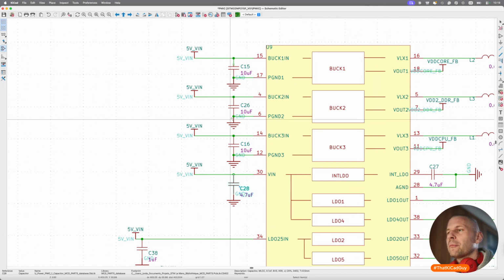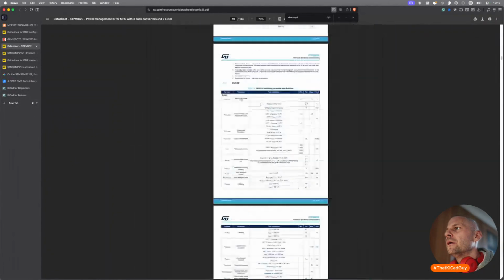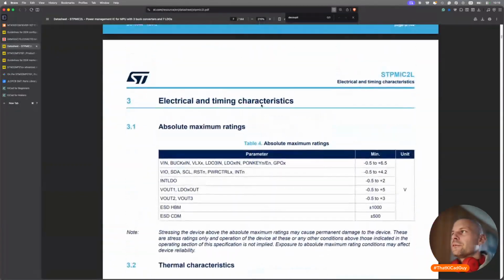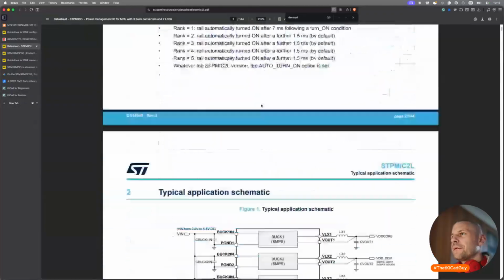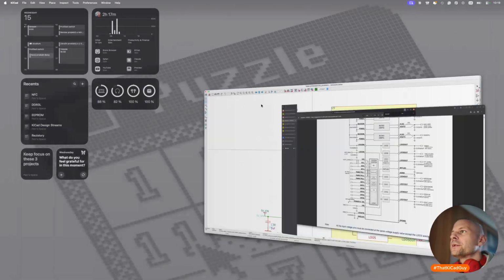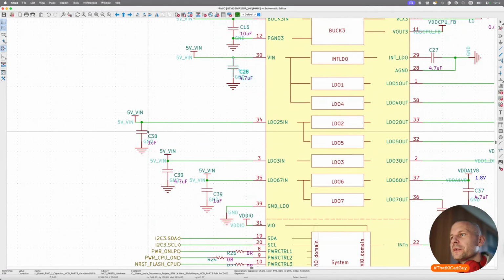I'll use all 10 micros, but we should find a clue in the datasheet of the PMIC. Oh, it's input for internal audio and 1 and 4. Okay, this one 1 micro, 4.7 micro, 1 micro.